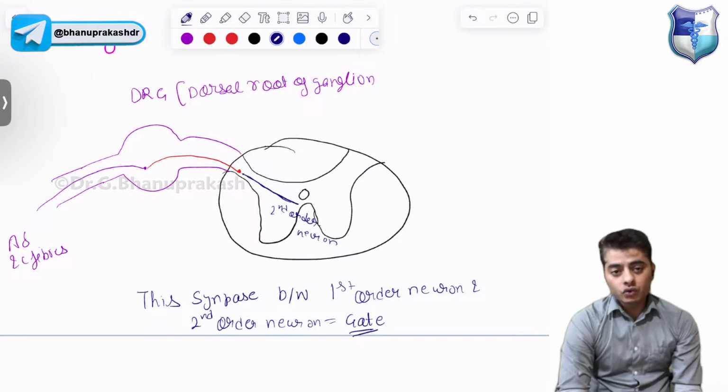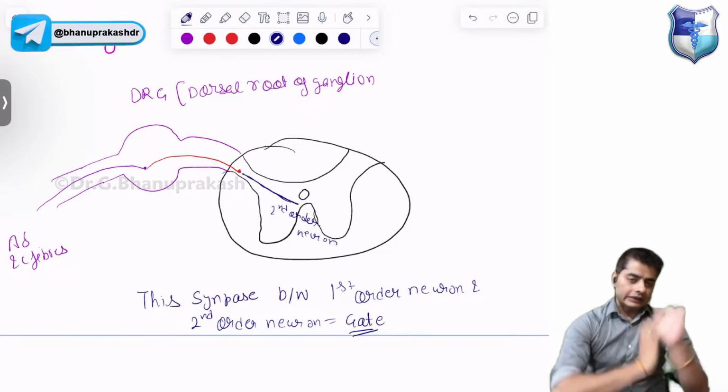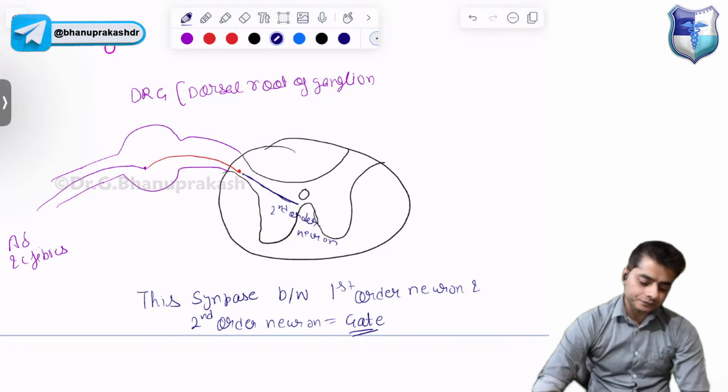You will ask me what the gate is; I will tell you in my further section. Right now just remember that the synapse between first order neuron and second order neuron is known as the gate.